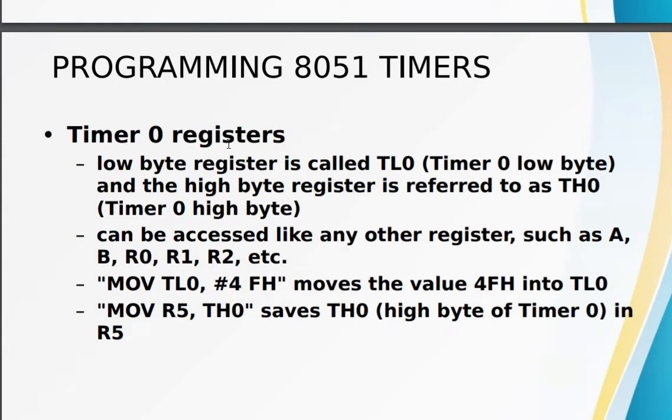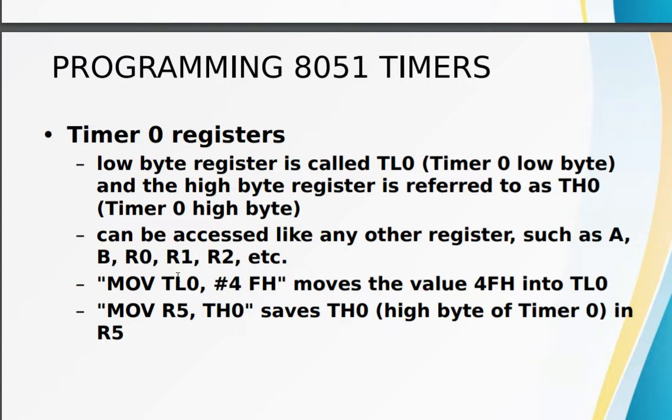Timer 0 has TL0 and TH0, and it can be accessed like any other register such as A, B, R0, R1, R2.